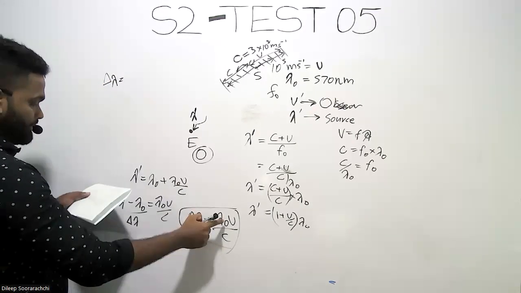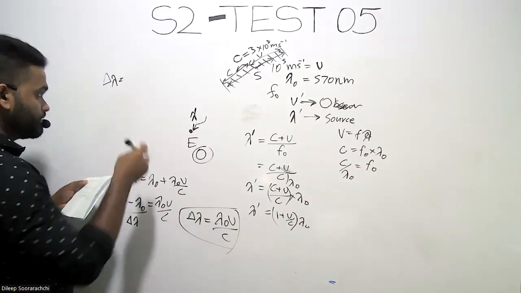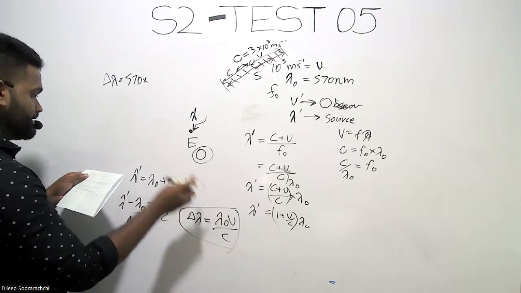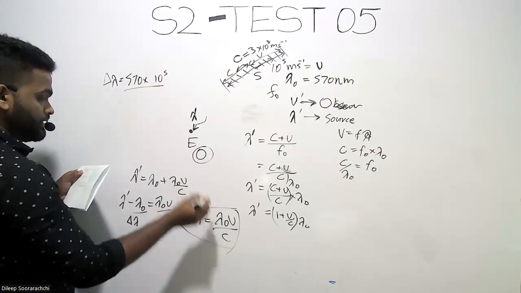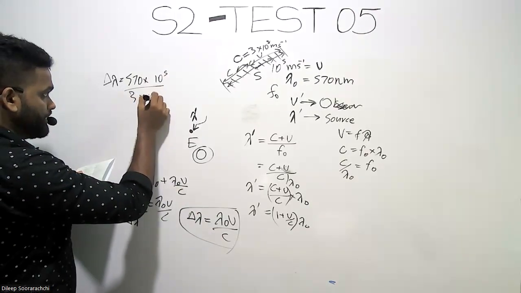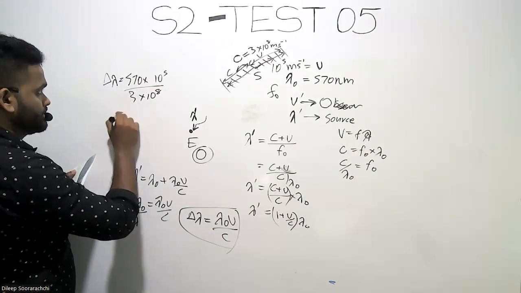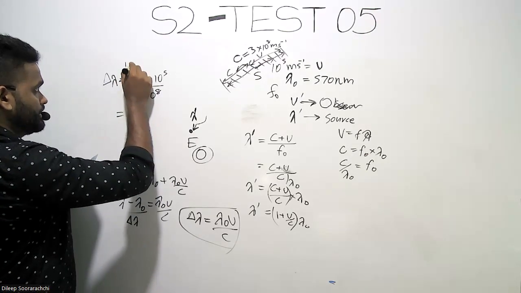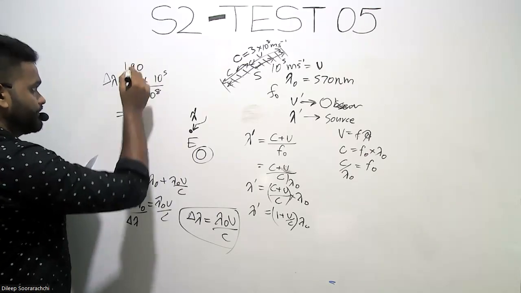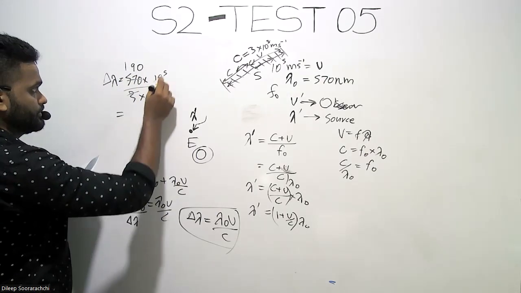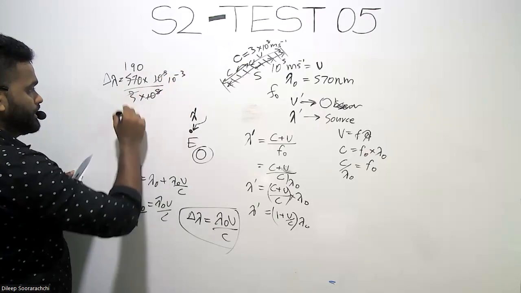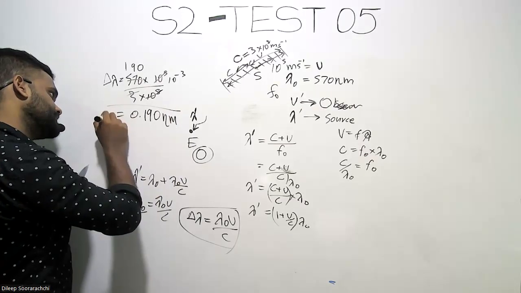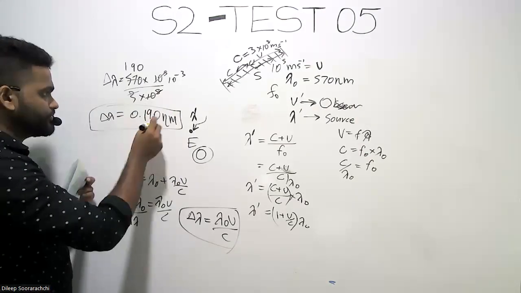Lambda naught is given as 570 nanometers. v is 10 to the power 5. c is 3 times 10 to the power 8. That gives 0.190 nanometers. This is the change of wavelength.